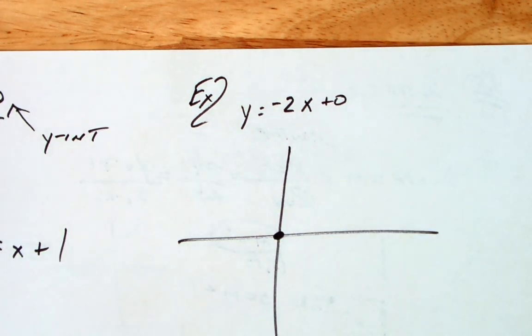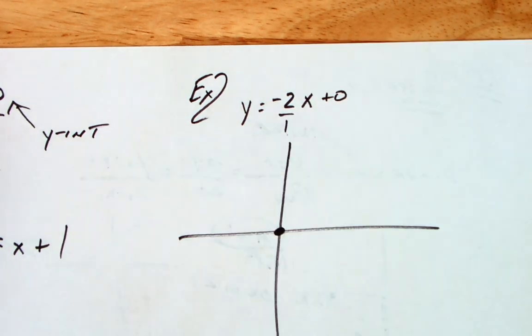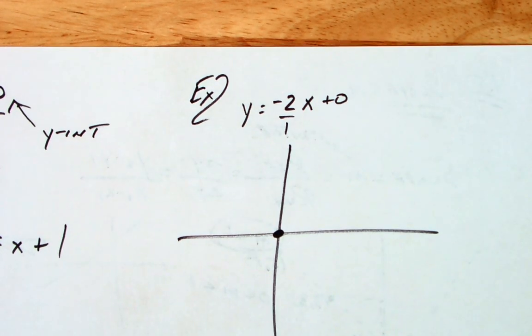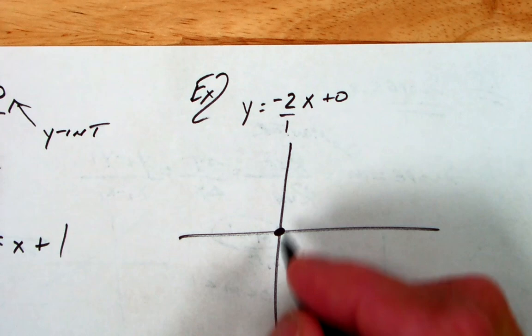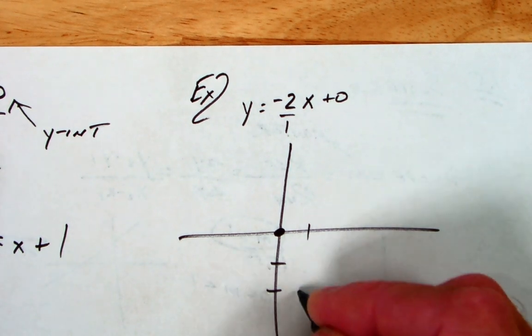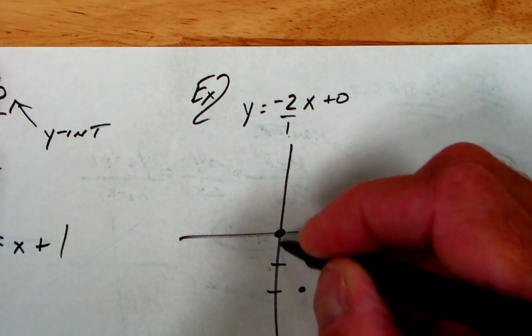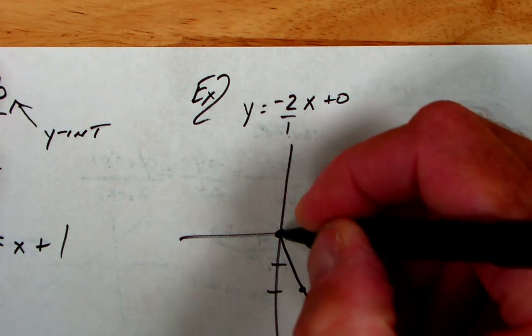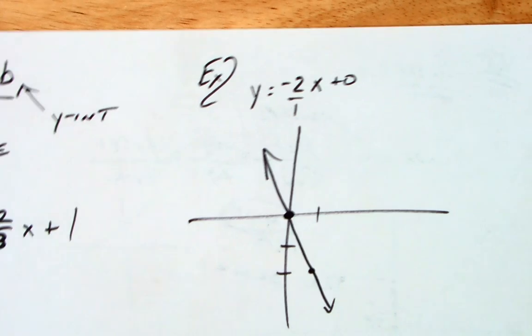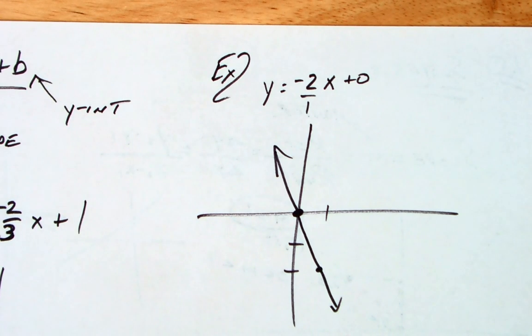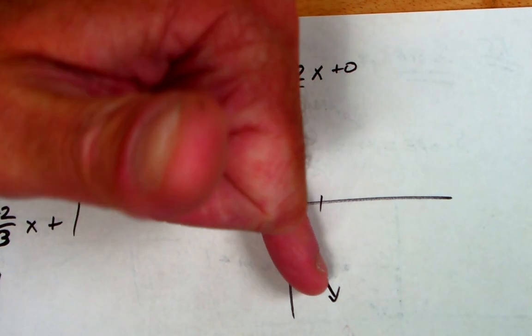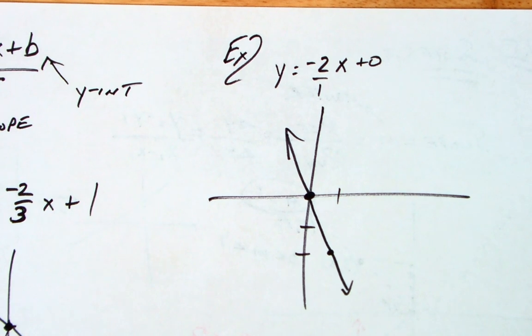Now negative 2, for us to read that as rise over run, you've got to write it in terms of a fraction. So I'm going to go down 2, over to the right 1. And that one's pretty steep, because a slope of negative 1 would be a 45, and negative 2 is even going to be steeper.